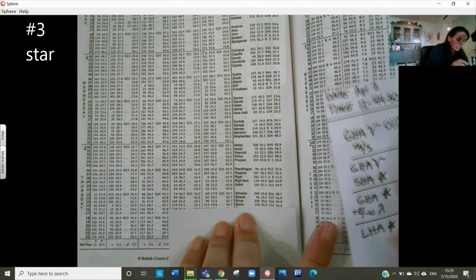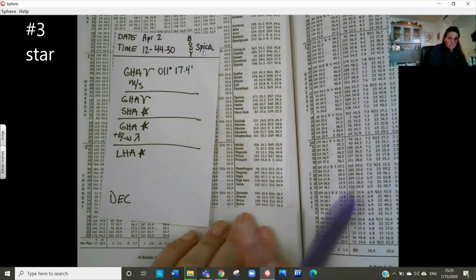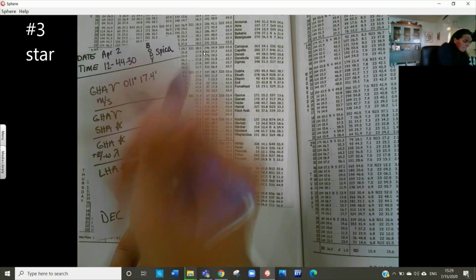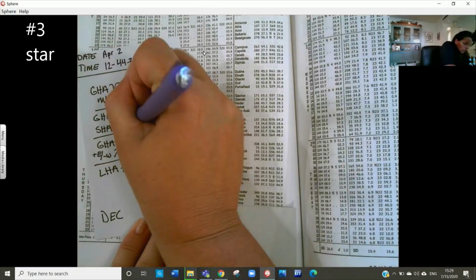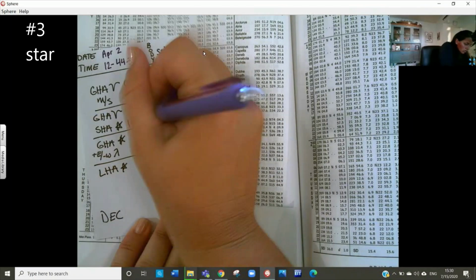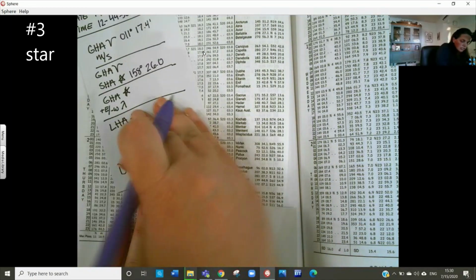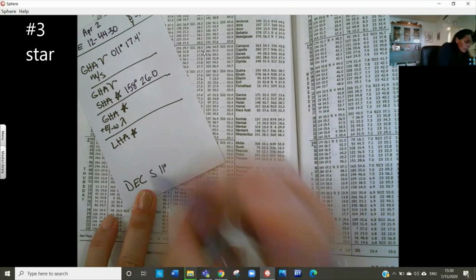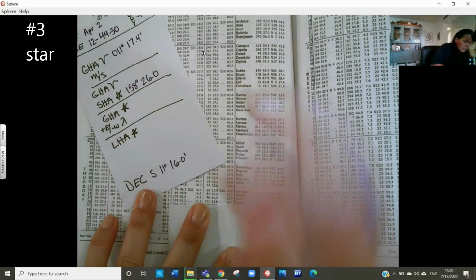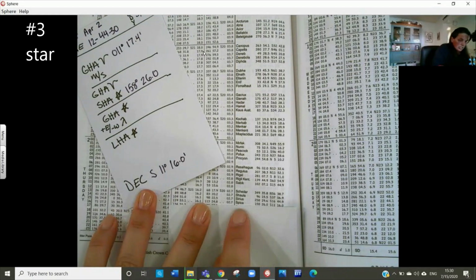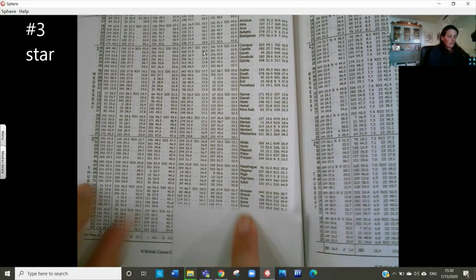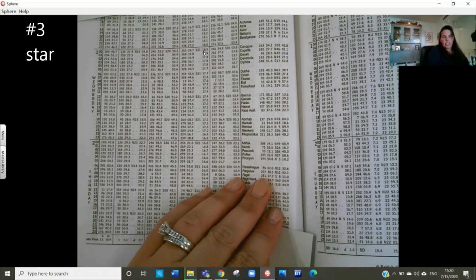So our SHA of the star is going to be 158 degrees 26.0 minutes, and their declination is going to be south 11 degrees 16.0 minutes. Again, that's right under Spica, under the April 2nd. They will be the same SHA and declination for all 3 days.